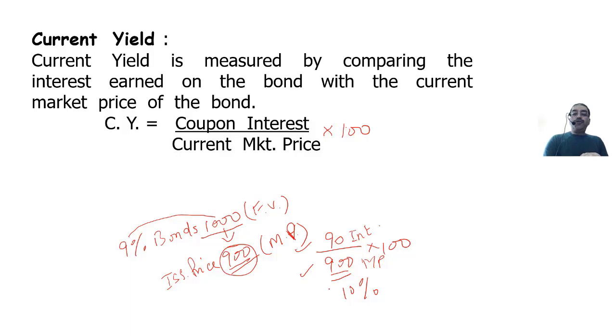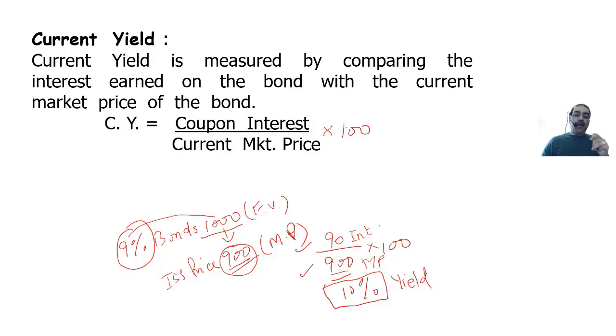The expectation of the investor, I'm calling it yield, because yield is what the investor is expecting. It is not the rate of interest. The rate of interest is 9%. What is the yield? This is the yield. Yield means what the investor is expecting. The investor is expecting 10%. The company is paying 9%.